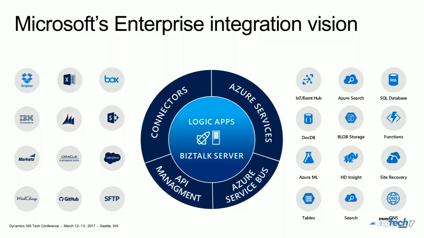We have a customer who has, let's say, 90% of their assets on-prem, and they have a BizTalk implementation. Let's say D365 for operations is their first step towards the cloud. Based on this diagram, you would think, oh, I need Logic Apps because both of them work better together.